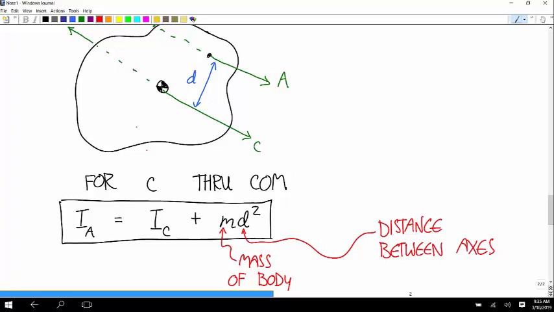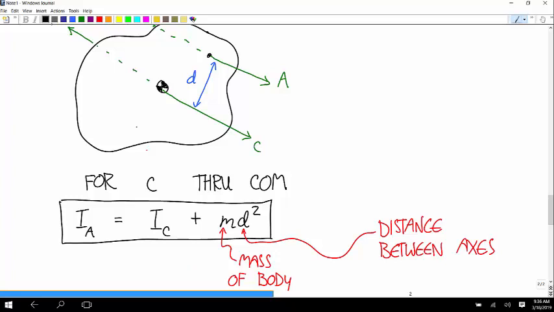So looking at this formula, where does the axis have to be for the mass moment of inertia to be as small as possible? Center of mass, that's right. So you can't ever get smaller than that because M is positive, D squared is positive. And so any distance you move away from the center of mass for your axis is going to increase the mass moment of inertia.